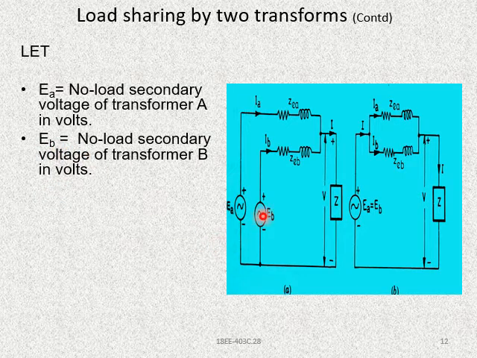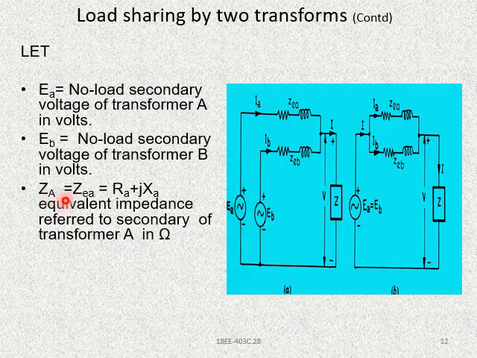Similarly, EB is the no load secondary voltage of transformer B in volts. So these are EA and EB, which are the no load secondary voltages of transformer A and transformer B measured in volts.